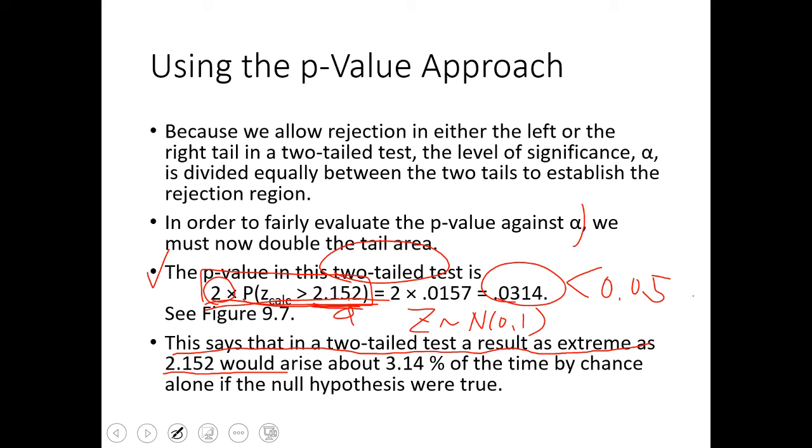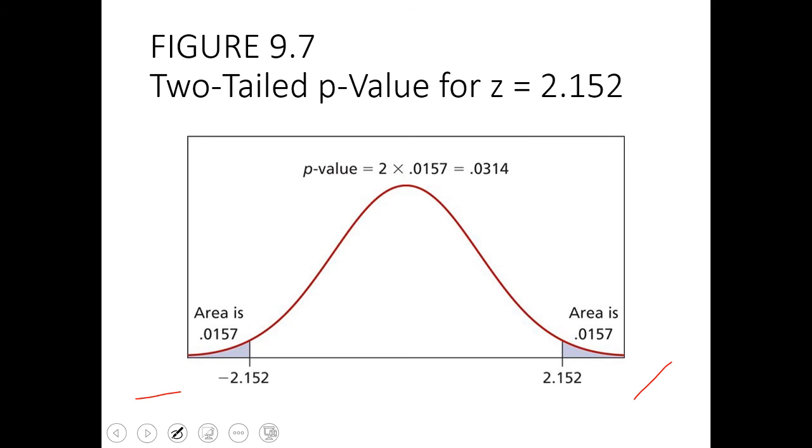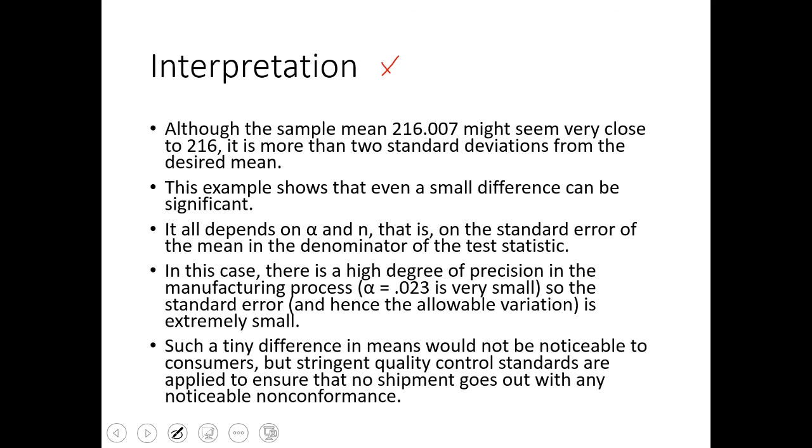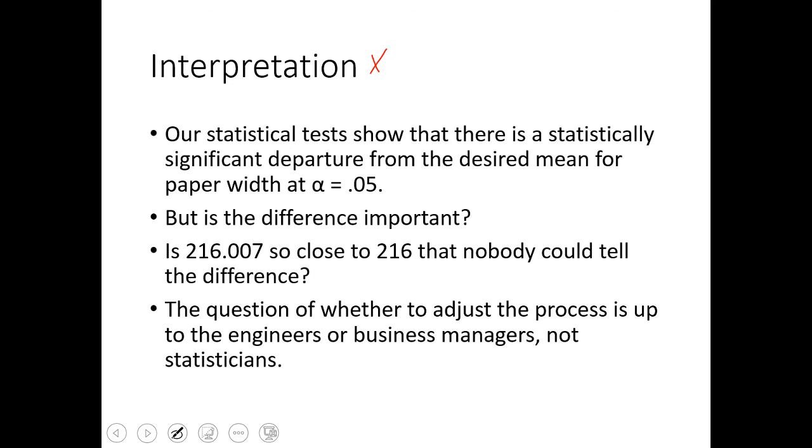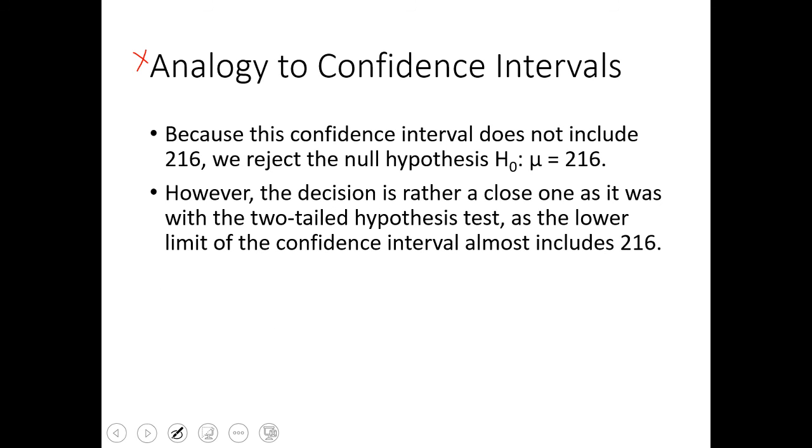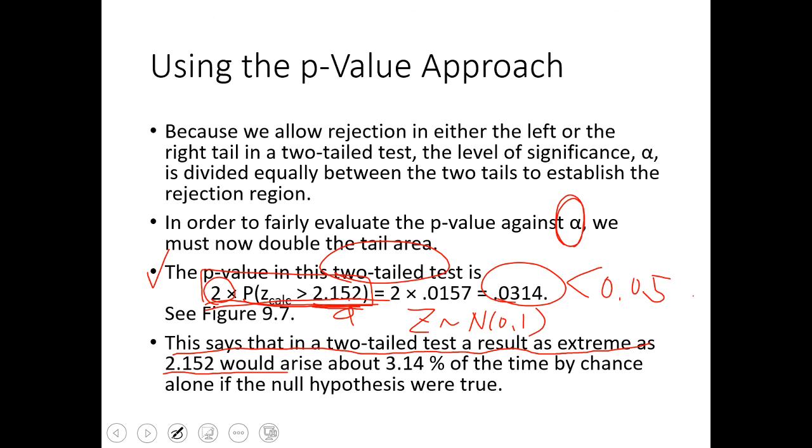But if you change the significance level to 1% instead of 5%, in this example we say that the significance level is 5%, but if you change this significance level to 1%, then this p-value does not reject the null hypothesis.